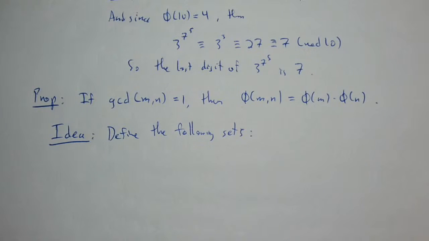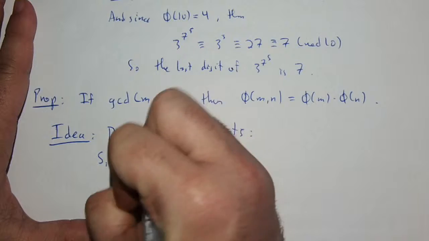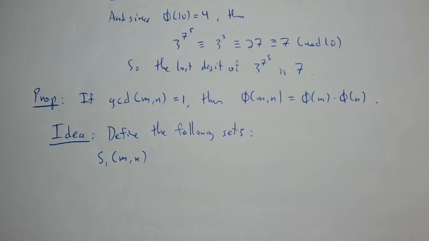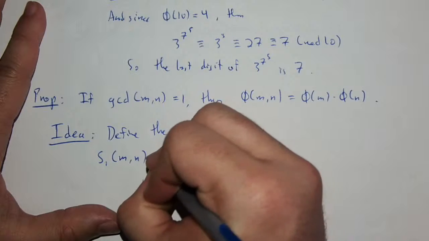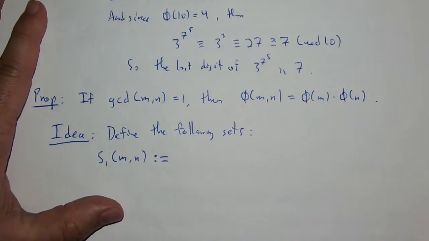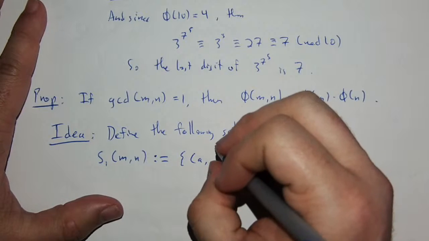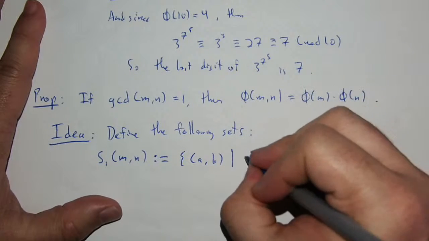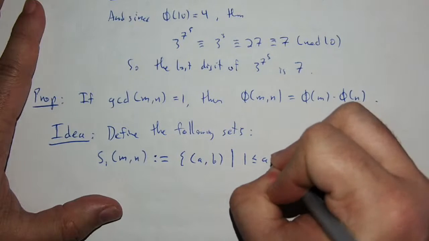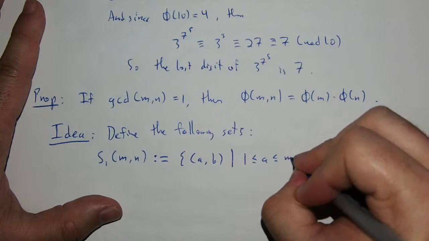The first set is S sub 1 of mn, and this is defined to be the set of pairs (a, b) such that a, the first slot in the pair, is between 1 and m.